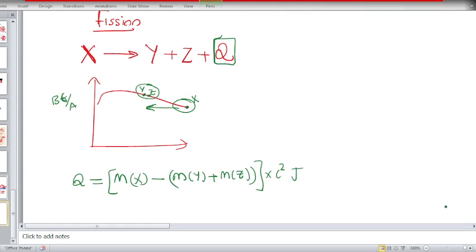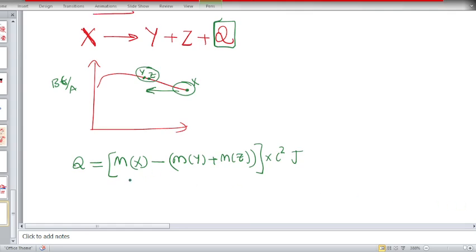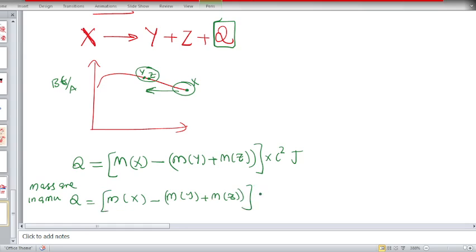Or you can take each of these masses in atomic mass units, AMU. Then take mass of X minus mass of Y plus mass of Z, multiply this with 931.5 MeV.